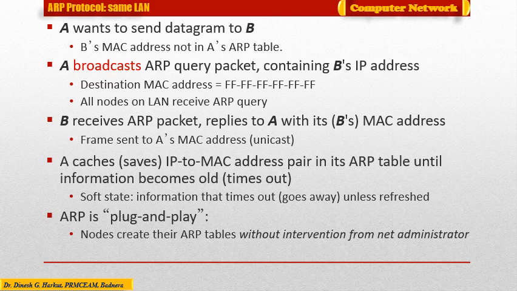The one with the match sends back to the querying host a response ARP packet with the desired mapping, that is, the desired MAC address. The querying host, in our case 222.222.222.220, can then update its own ARP table and send its IP datagram encapsulated in a link layer frame whose destination MAC address is that of the host or router responding to our earlier query.